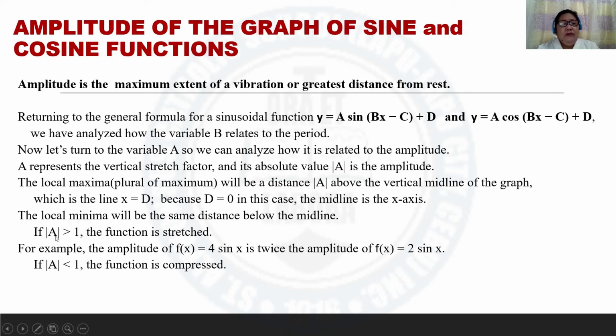So if the absolute value of a is greater than 1, the function is stretched. For example, the amplitude of f of x is equal to 4 sine x is twice the amplitude of f of x is equal to 2 sine x. If the absolute value of a is less than 1, the function is compressed.